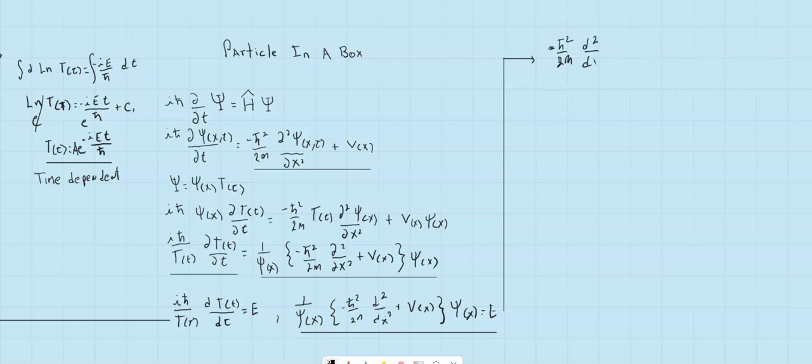I'm going to write it in this form, plus V of x times psi of x is equal to E times psi of x.